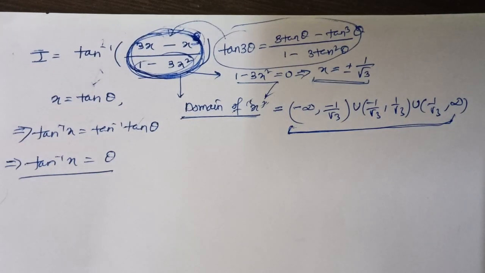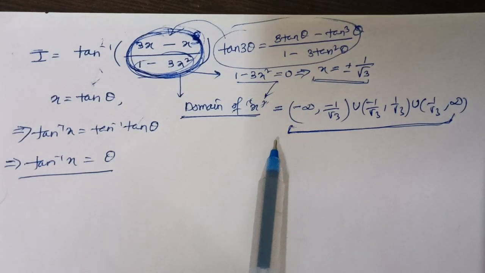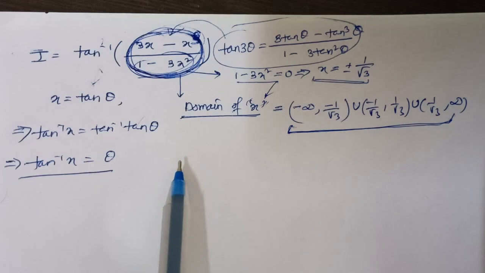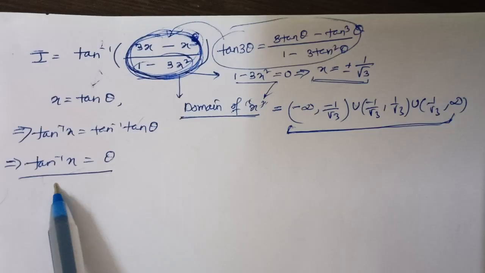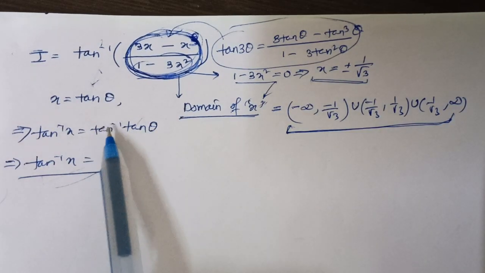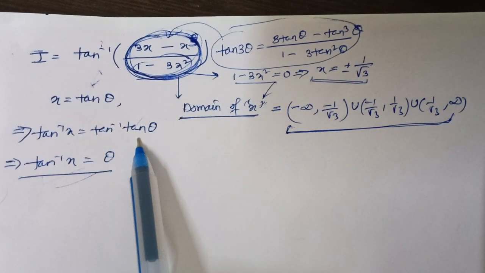Therefore I would like to choose my theta from minus pi by 2 to pi by 2 so that this cancellation of tan inverse and tan theta is valid.